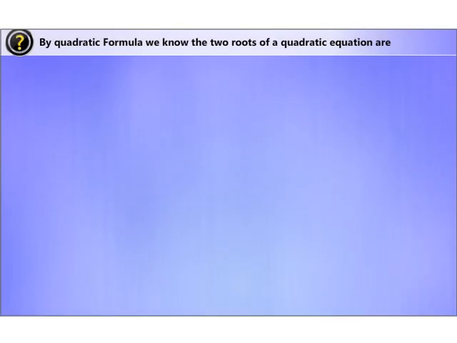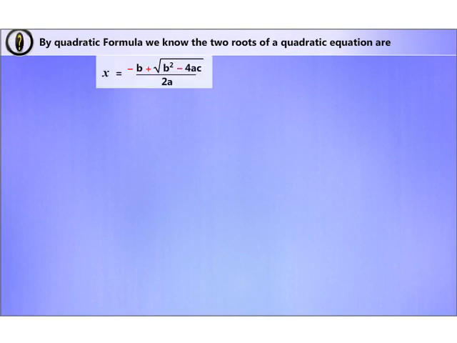By the quadratic formula, we know the two roots of a quadratic equation are x = (-b + √(b² - 4ac))/2a and y = (-b - √(b² - 4ac))/2a.